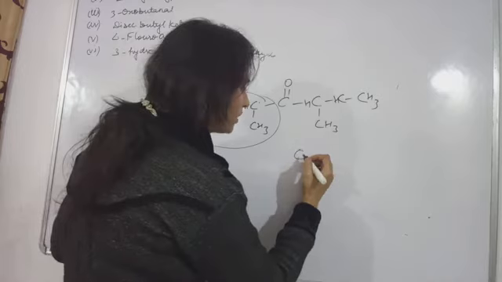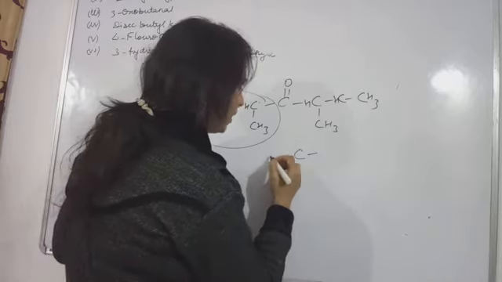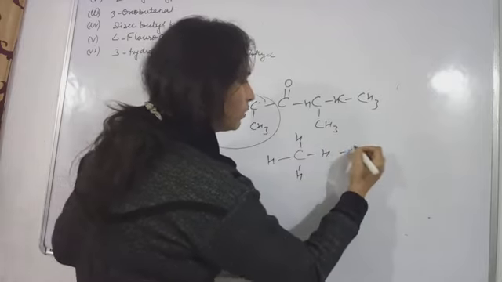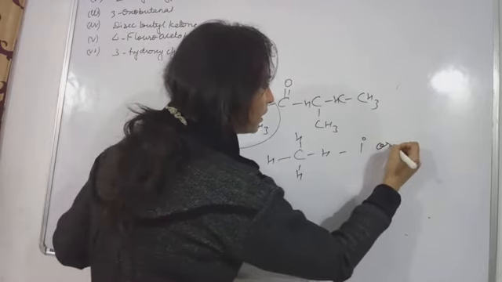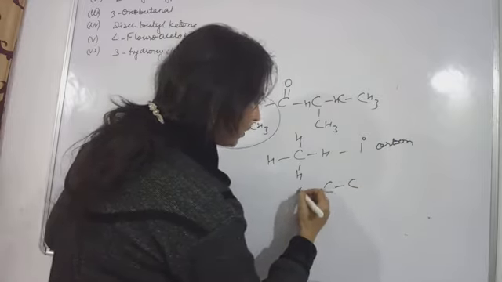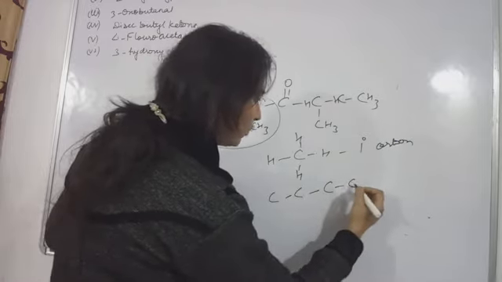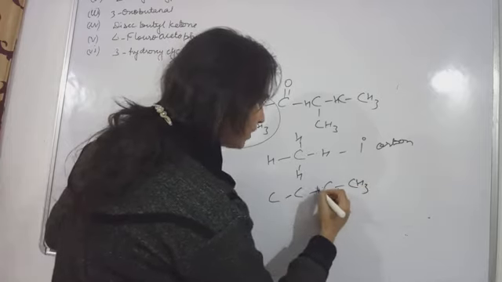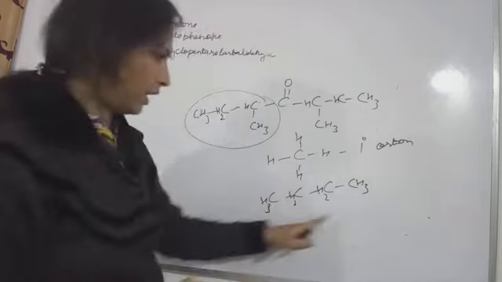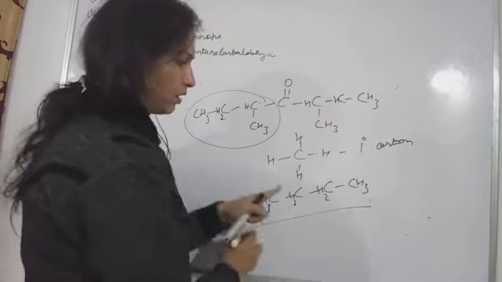Secondary word means what? Suppose this carbon is attached with hydrogen only. Okay, everywhere hydrogen. So this will be called a 1 degree carbon. Or suppose you have 4 carbon atoms present, this is butane.